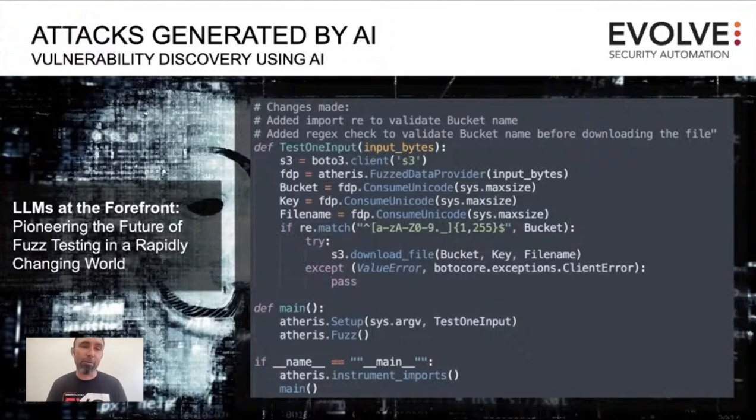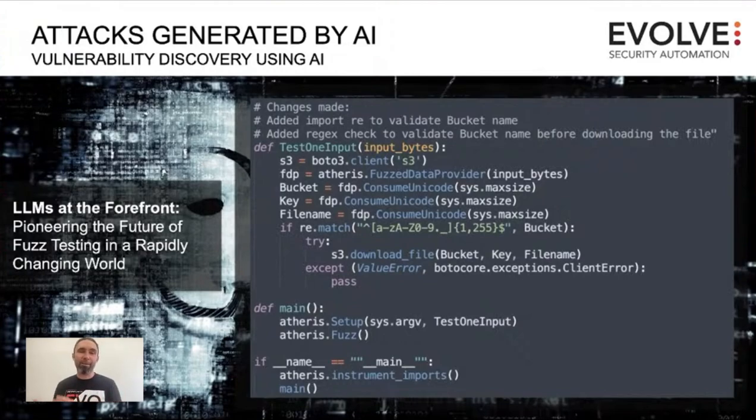So what this guy did was use ChatGPT to create hundreds of intelligent fuzz tests that were equal to or better than what a human would do, and perform fuzzing against a large number of Python libraries.